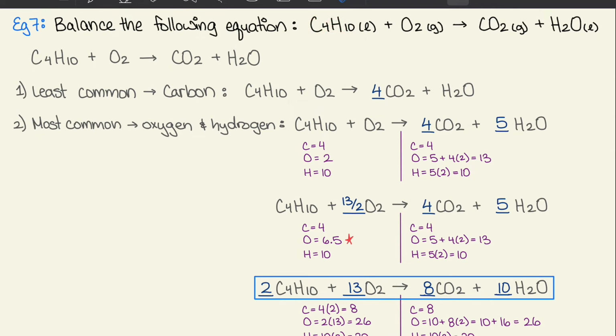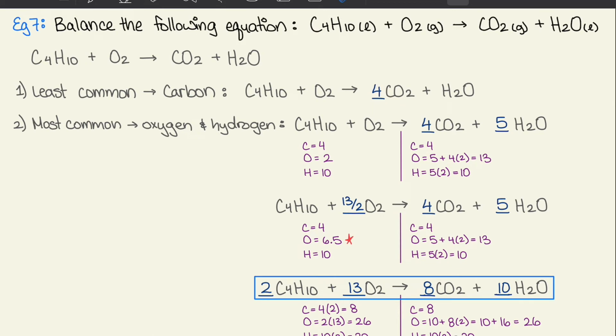So our first step would be to find the least common atom, and that's carbon. So we want to balance the carbon. We have 4 on the reactant side, and when we look over to the products, we have 1. So we're going to put a 4 in front of the CO2 to balance out the carbons.